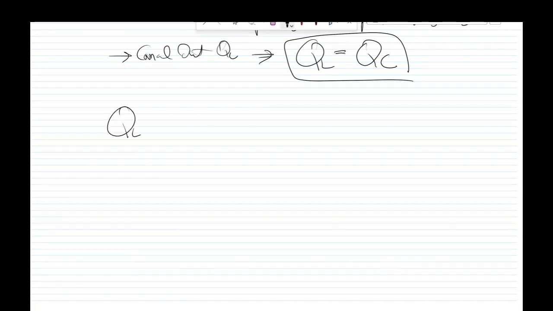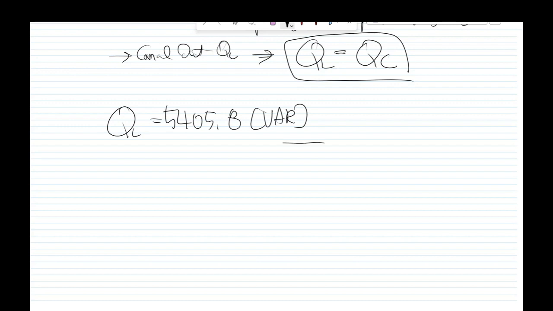Q sub L is 5405.8 VAR, which we have already calculated before. That should be Q sub C.